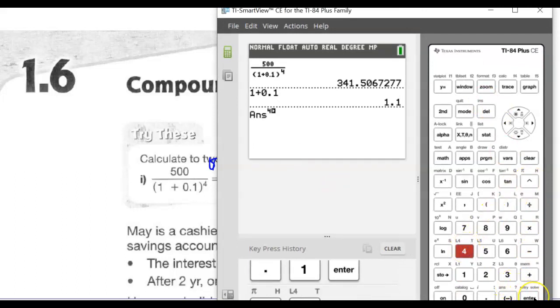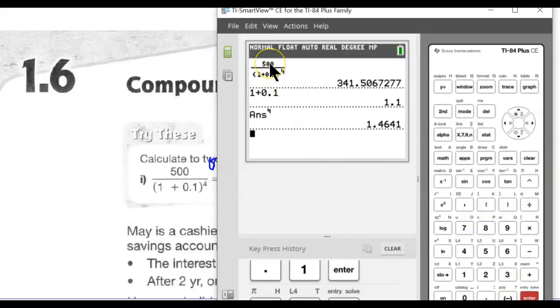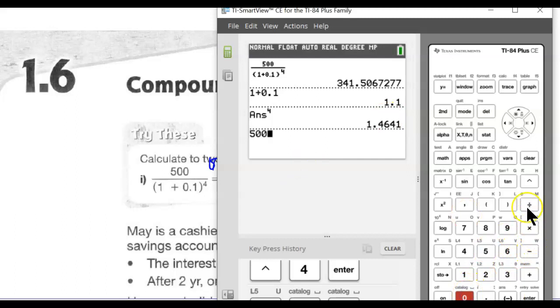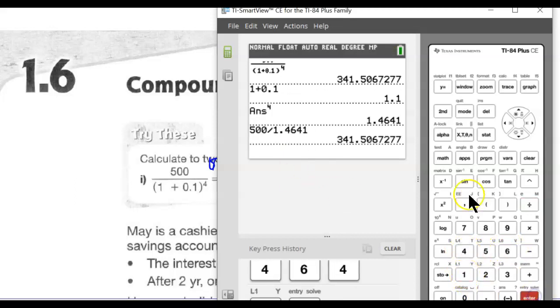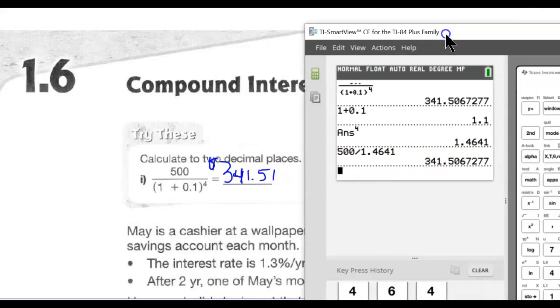So you can do that on any calculator. Okay, and then what we're doing is we're taking 500 and dividing by that number. You may need to write that down, and then go 500 divided by 1.4641. So you're doing it in the order of operations steps, and you see the same answer.